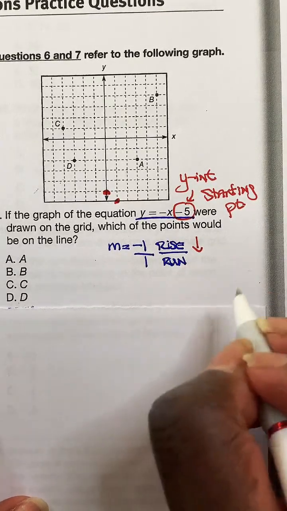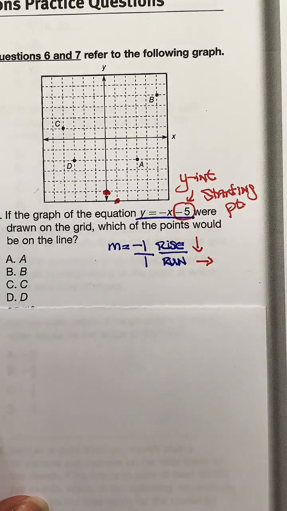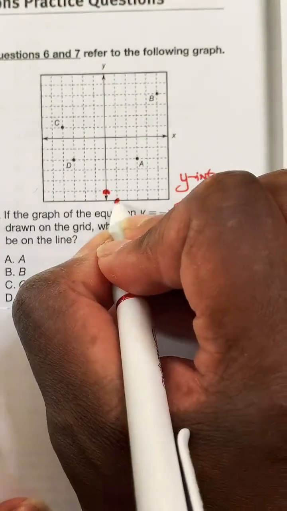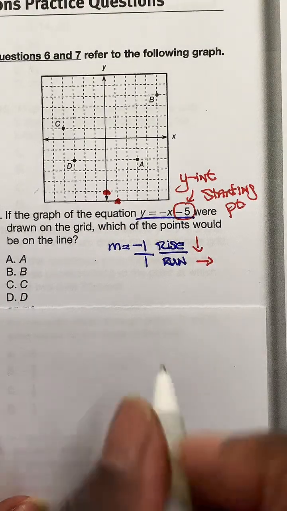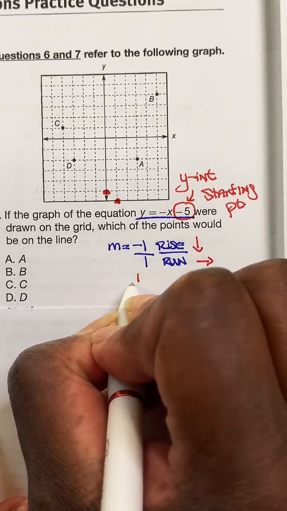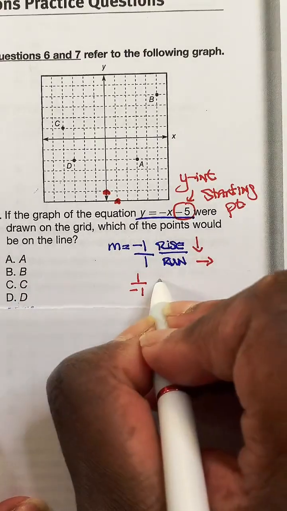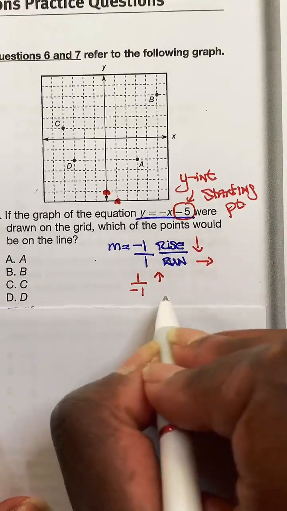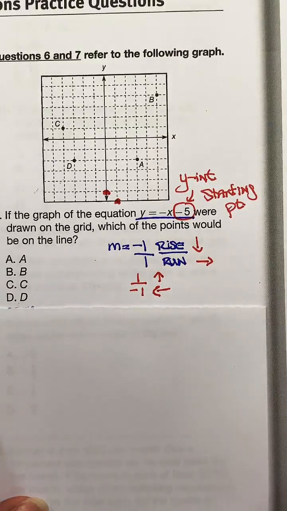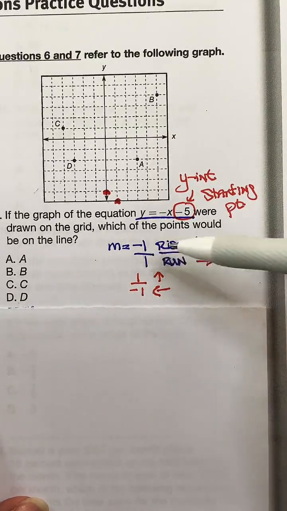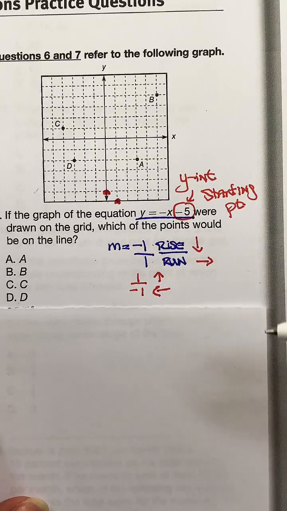So that means it's going down 1 and it's going to the right 1. That's the direction that I have to take in order to draw my next point. But guess what? I could say my slope is 1 over -1, meaning I could say I'm going to go up 1, but I'm going to go to the left 1. When your slope is negative, you get to pick which one is going to carry that signage.